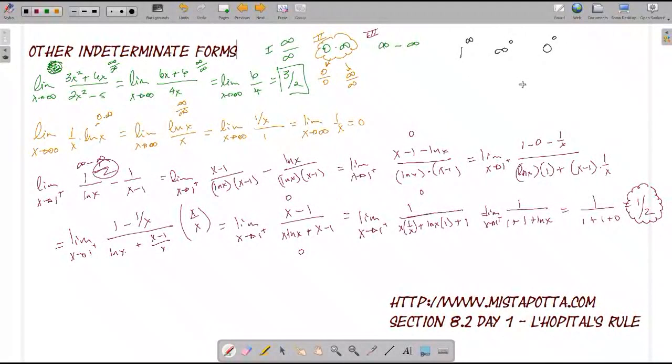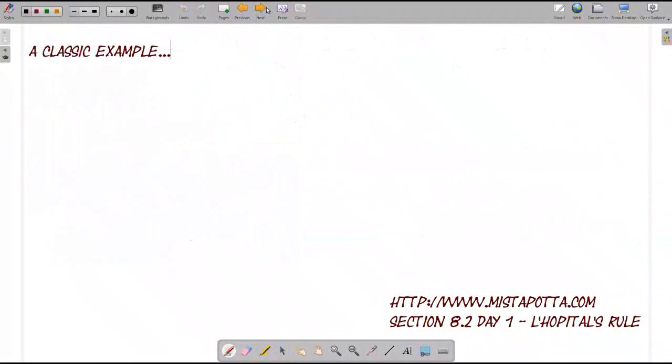And I want to talk about this example here by doing a classic example, something that you may have learned in your pre-calculus class. So I want to talk about the limit as x increases without bounds of (1 plus 1 over x) to the x power.